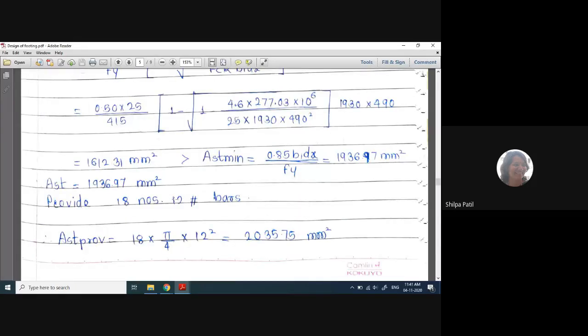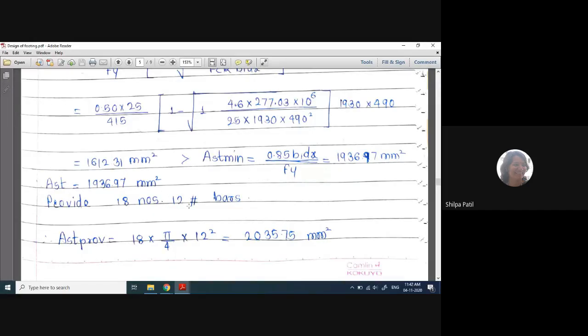Now again, as I discussed yesterday, to decide the AST, normally we decide the diameter of the bars here. The same way what we have done in case of column. We decide the diameter of the bars and then we calculate the number of bars based on the diameter, or we have to consider this as per the design of the beams, not columns.